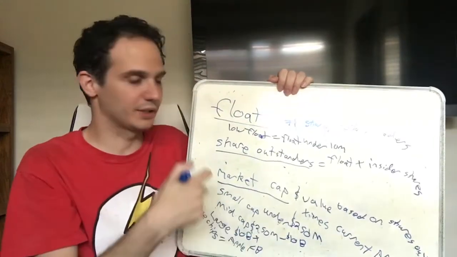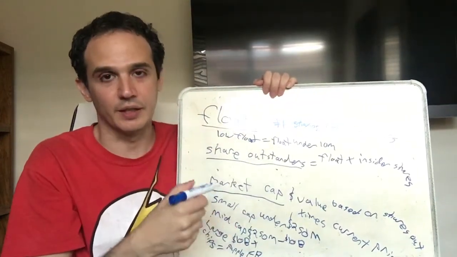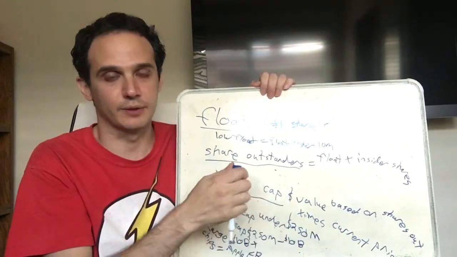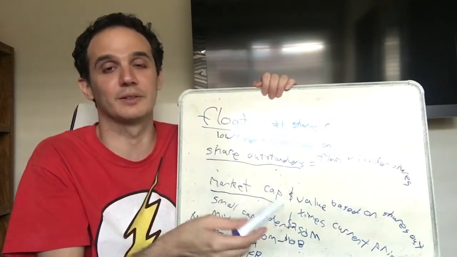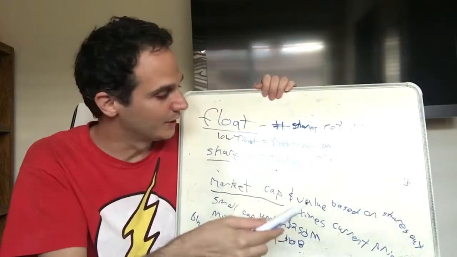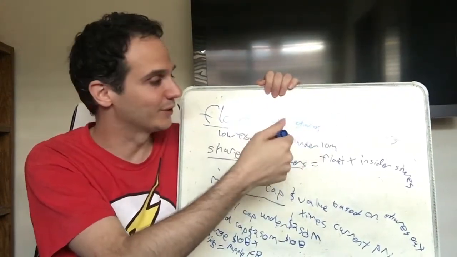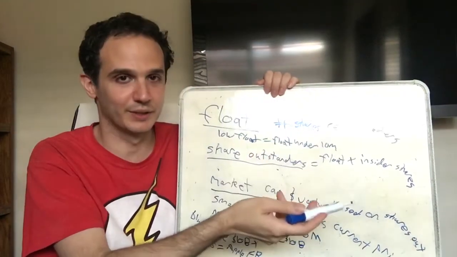So sometimes you'll hear traders say, oh, this is a low float runner. So that'll mean that it's a stock that's going up in value a lot, and the float is under 10 million.